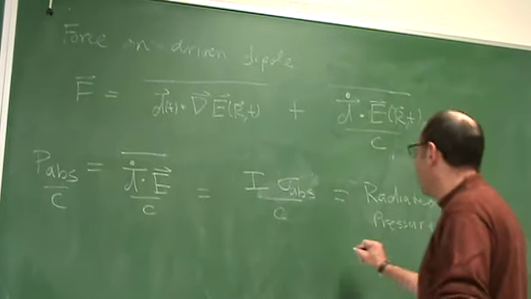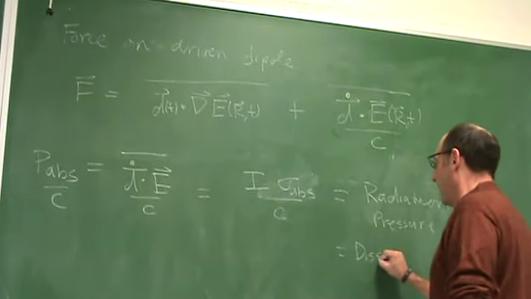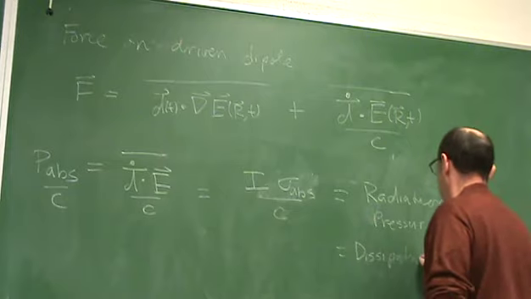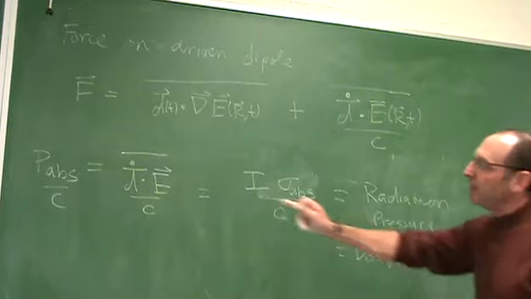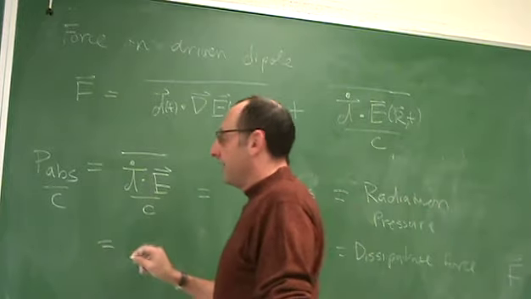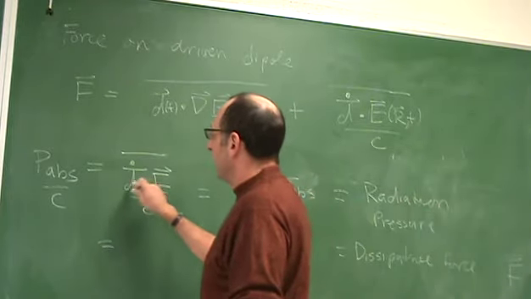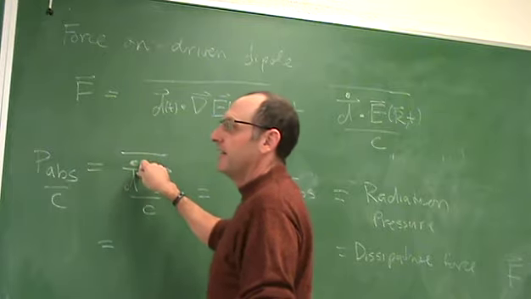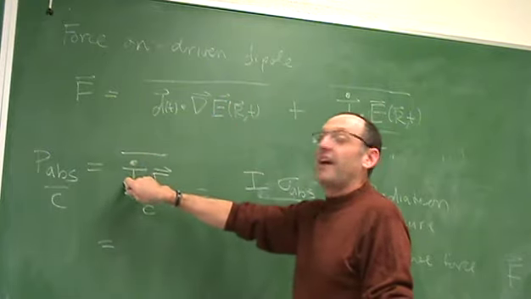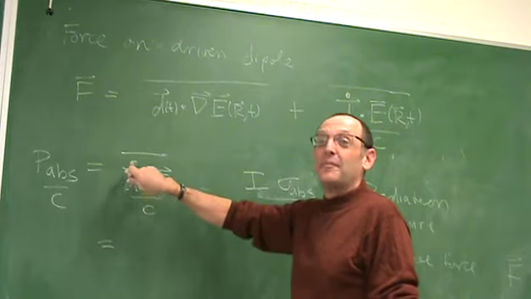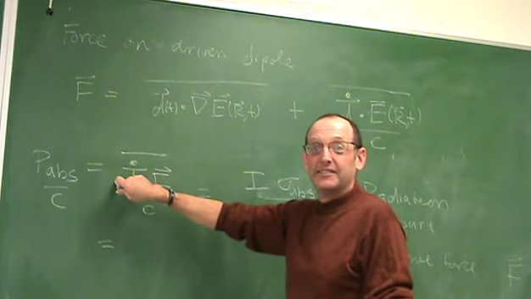Radiation pressure is related to the absorbed light. This is also known as the dissipative force because it depended on the damping, right? If I write this out, you remember that for the power absorbed there's a dot here, so my cosine becomes a sine, and my sine becomes a cosine.